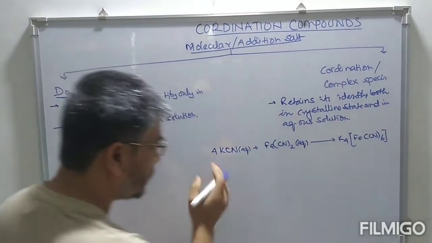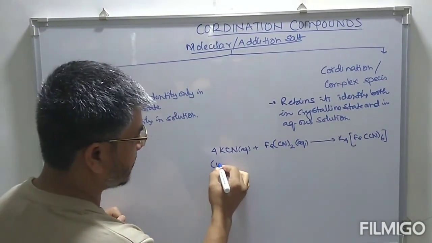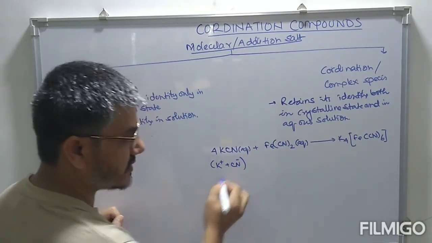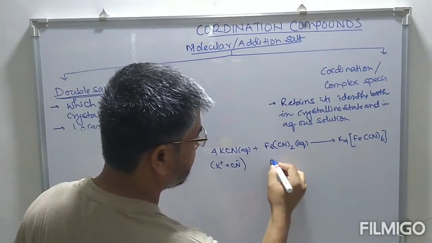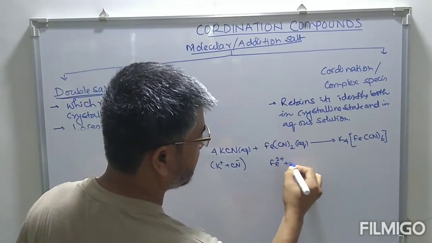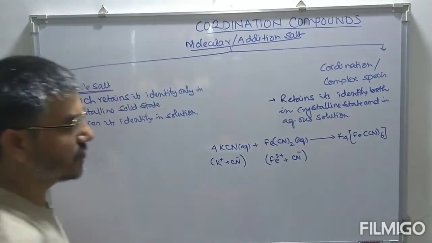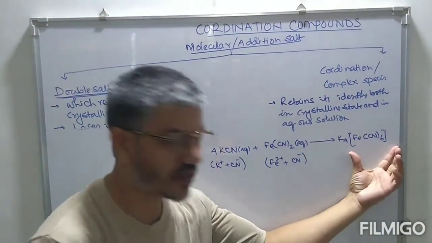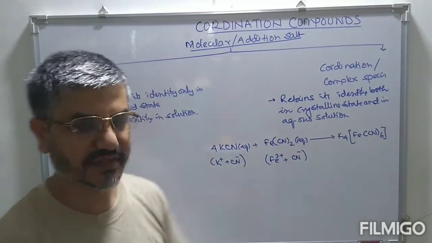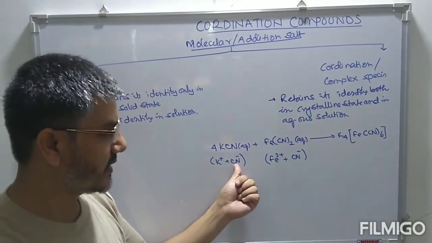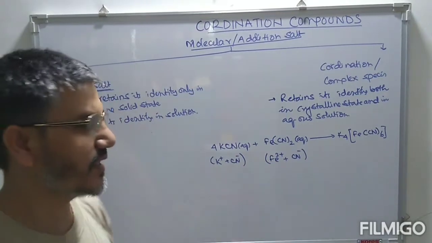So before this, the solution contains K plus ion, CN minus, ferrous cyanide. This contains ferrous ion and cyanide ion. So before formation of this species, known as coordination species or the complex species, the aqueous solution gives the test of potassium ion, cyanide ion as well as ferrous ion.